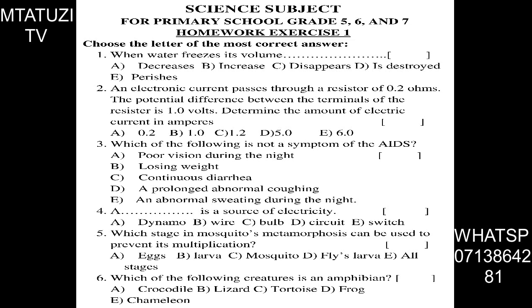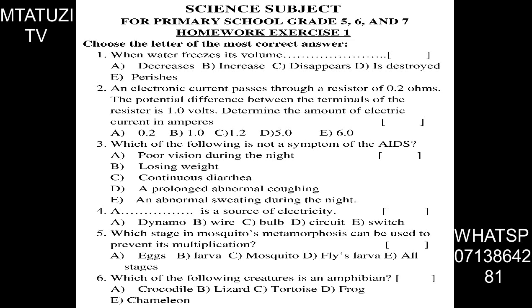This is the meaning of this question. In the stages of the mosquito's metamorphosis, which is the best stage to prevent multiplication of mosquitoes? You are supposed to choose the best alternative.